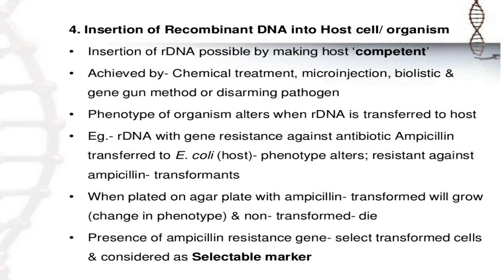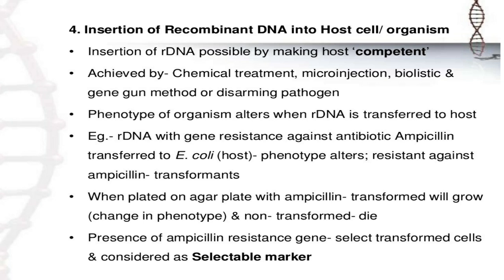Insertion of recombinant DNA into host cell or organism. Insertion of rDNA is possible by making the host competent, achieved by chemical treatment, microinjection, ballistic or gene gun method, or disarmed pathogens. The phenotype of the organism alters when rDNA is transferred to the host.